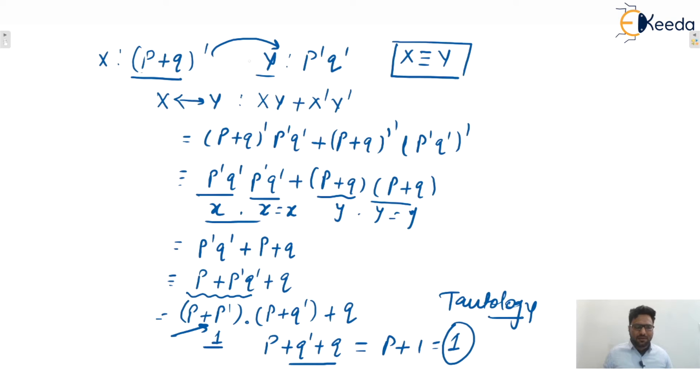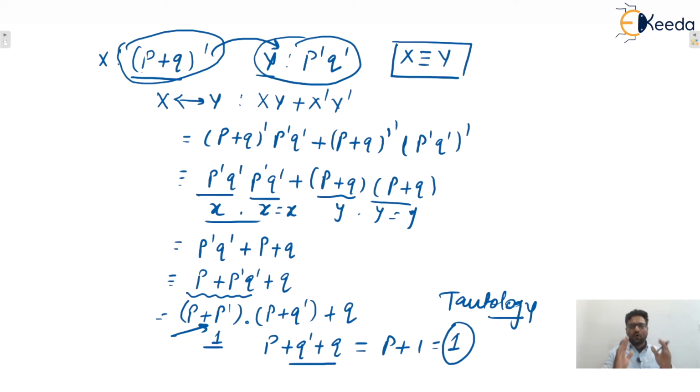That is the procedure: if any two expressions are equivalent, then the biconditional between them must be a tautology. Otherwise, one more method is there: make the truth table for this one and for this one. If both truth tables match, meaning the truth values are the same, then we can say that these are equivalent. I hope this is clear to everyone.